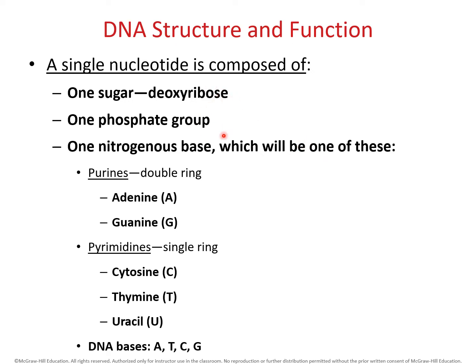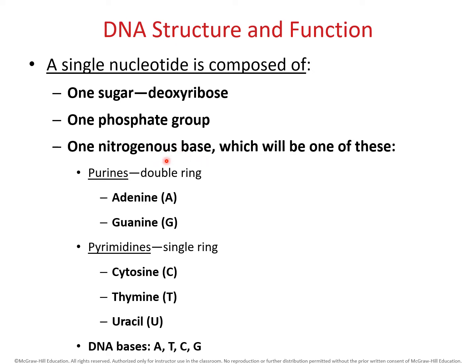In words, here's your description of what a nucleotide is composed of. As I mentioned, you're going to have one sugar, one phosphate group, and one nitrogenous base. When we're talking about DNA, the sugar making up the nucleotides is called deoxyribose. There will be one phosphate group and one nitrogenous base.